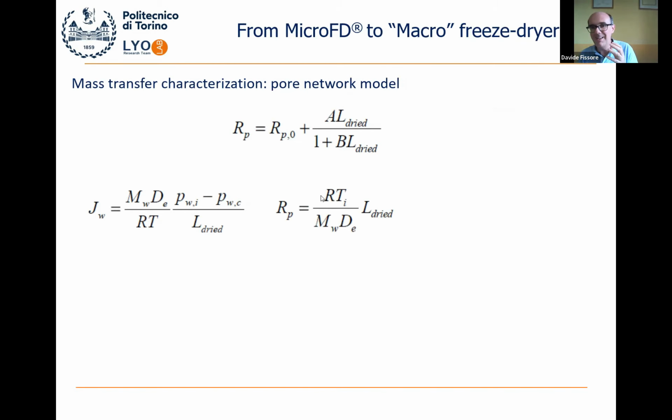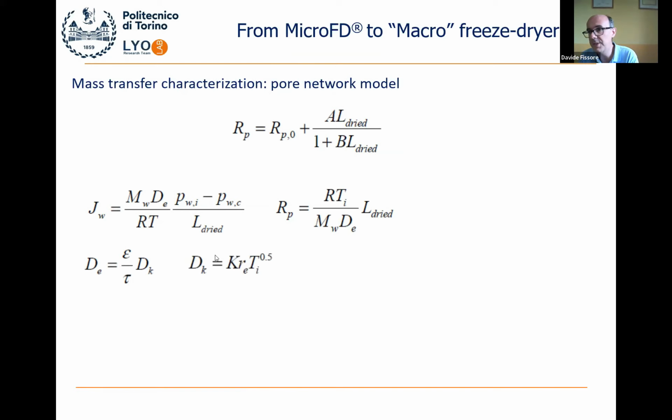So RP is actually not just RP0, A, B, okay, but RP has a very specific theoretical background. It is the ideal gas constant times temperature divided by molecular weight, effective diffusivity, and thickness of the dried layer. Effective diffusivity is given by the Knudsen diffusivity multiplied by cake porosity divided by cake tortuosity.